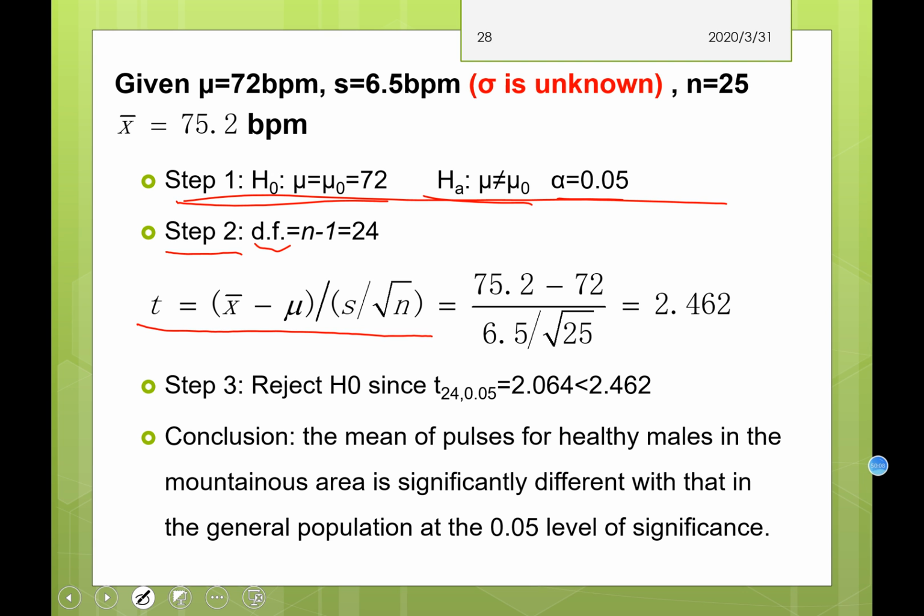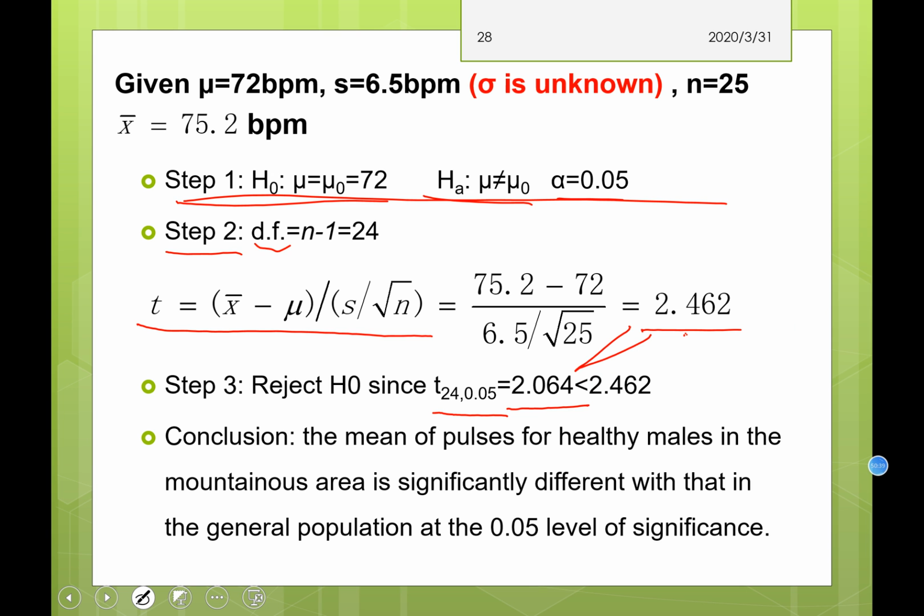Next, according to the formula, let's figure out the t value. We put all the numbers into the formula and we get t is 2.462. Next, let's find the standard t value from table A2. We find that the standard t value is 2.064. The t value we calculated with the data given in the question is bigger than this one.